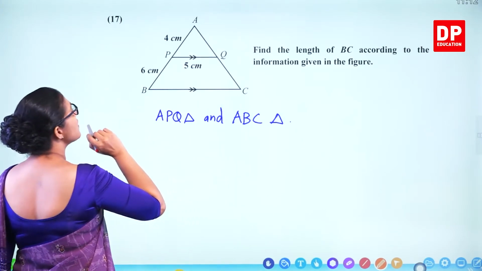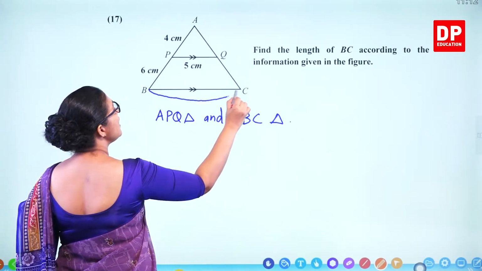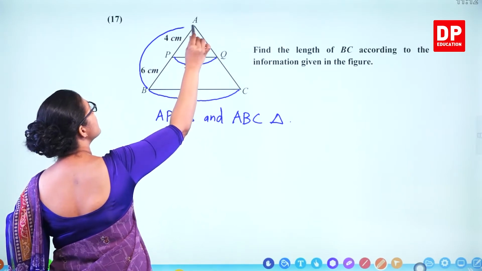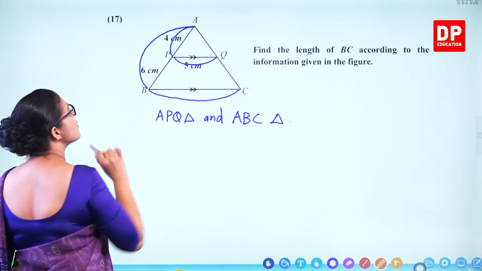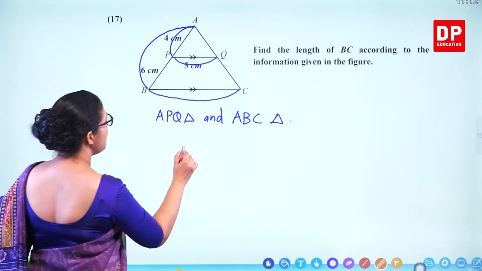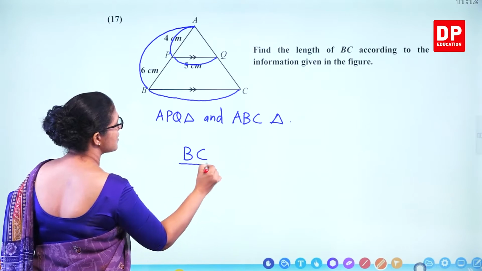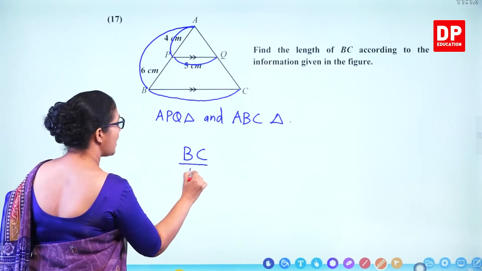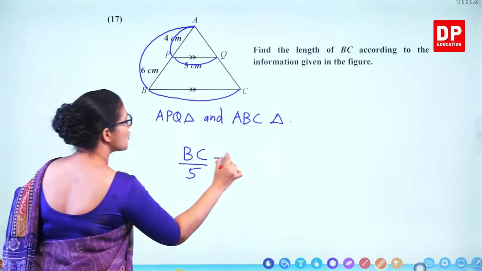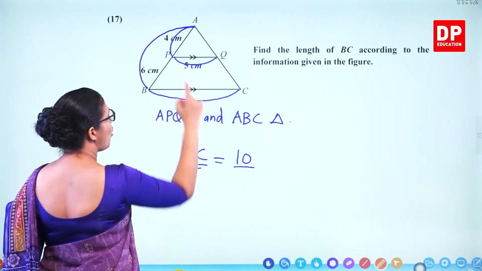So ratios are the same. So we need BC. So the bigger length is this, smaller length is this. So we can take the ratio. BC over 5 is the same as bigger length 6 plus 4, 10, over smaller length 4.